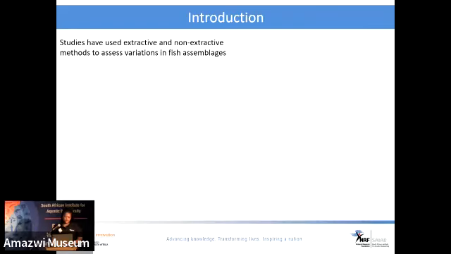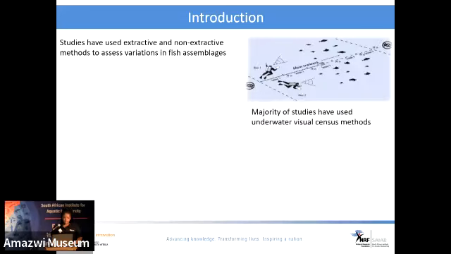When assessing fish assemblages, studies have used extractive and non-extractive methods. Most studies have used underwater visual census methods, probably because of the minimal impact to the environment and to the target organisms.